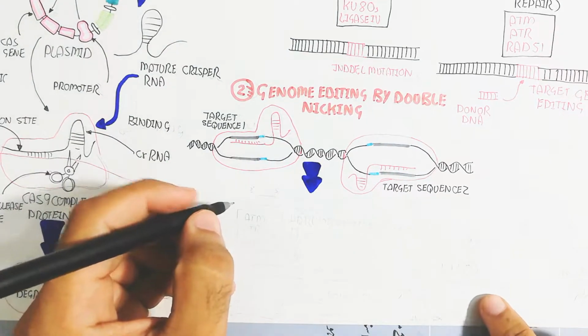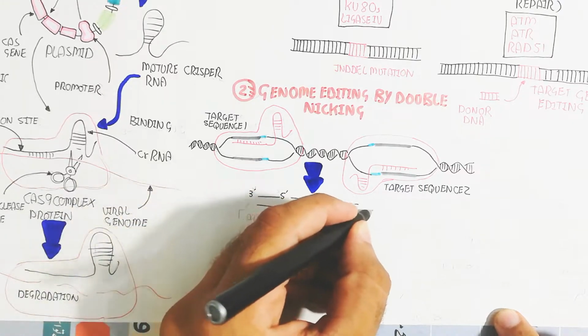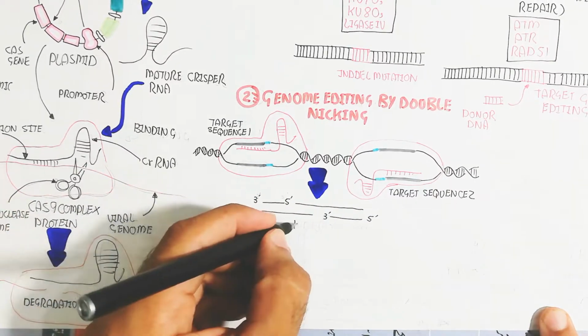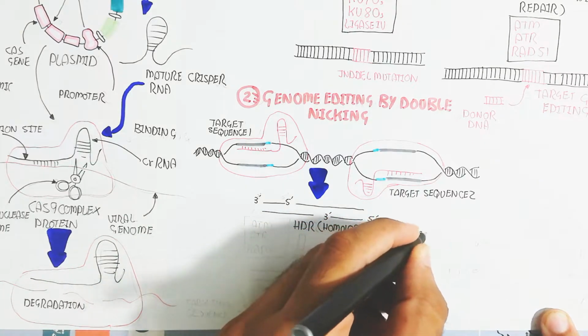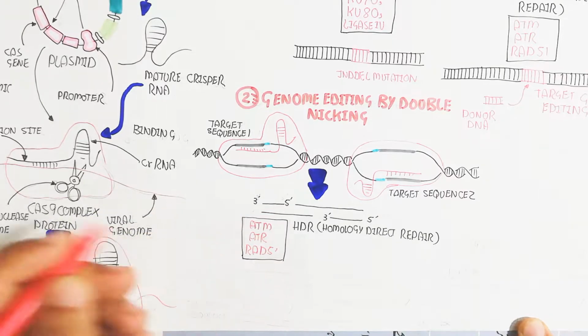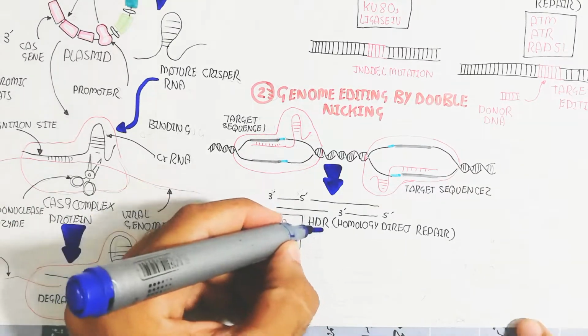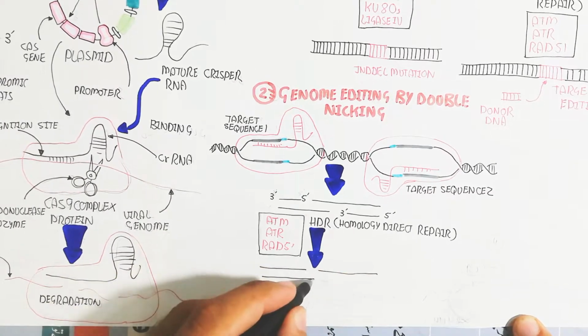The donor DNA is provided through the DNA insert, which will bind at the targeting sequence here, and this will lead to the targeting sequence binding with the donor DNA. So remember the donor DNA will bind, here are the ATM, ATR and RAD5 prime.